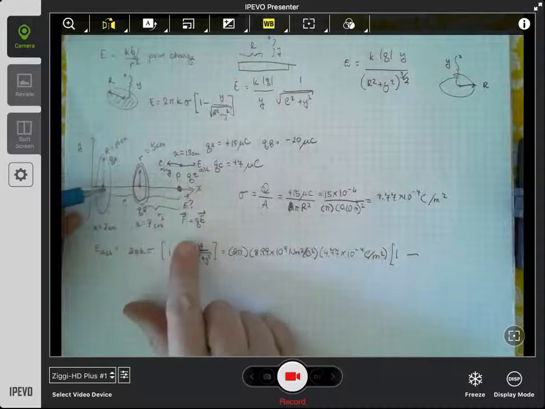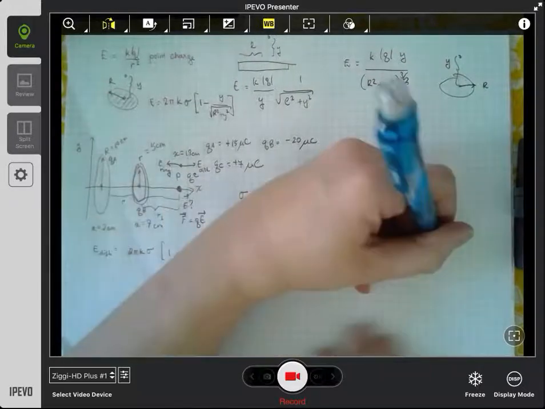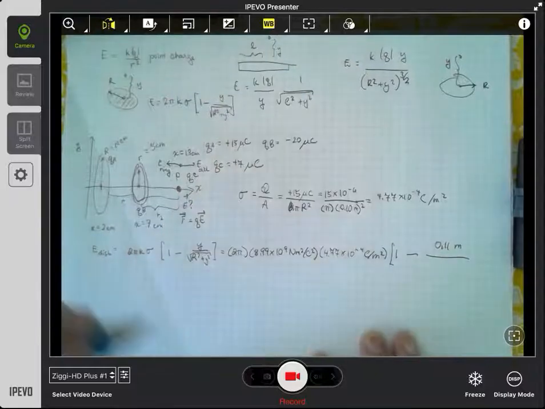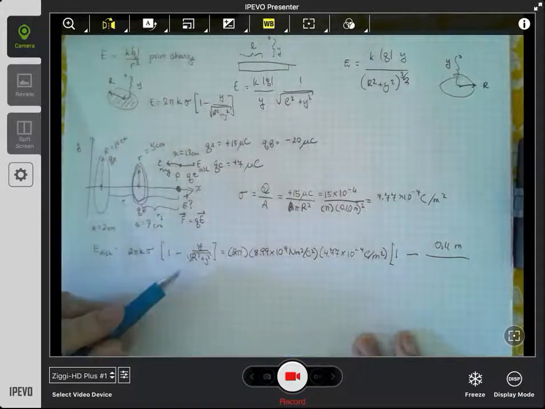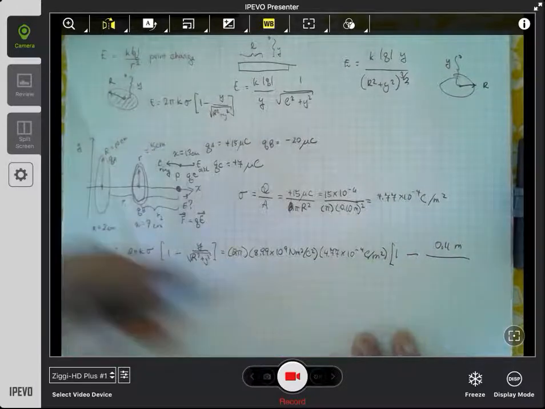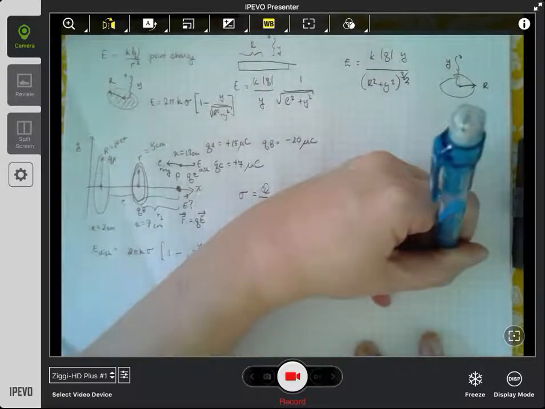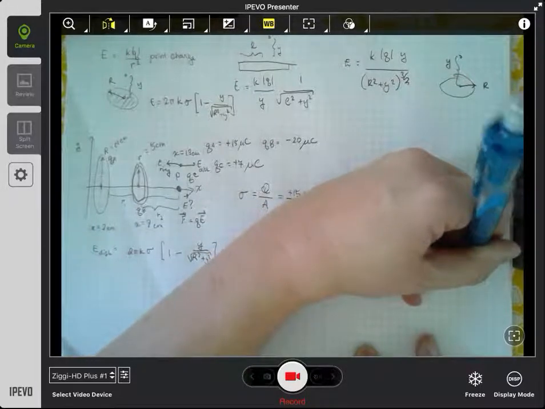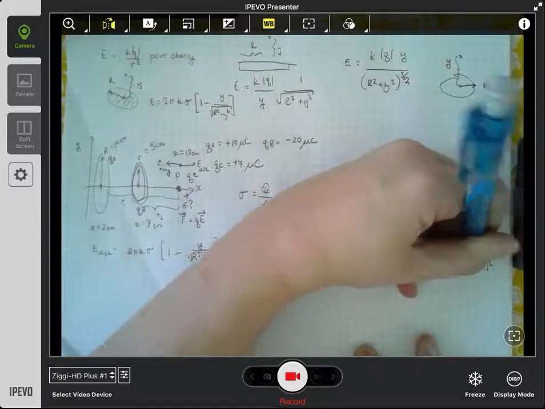We said that was 2 centimeters. This one's at 13, so the distance is 11 centimeters, or 0.11 meters, divided by the square root of big R squared, which is the radius of the disk, because that's the one we're finding the field of. So 0.10 meters squared plus 0.11 meters squared.